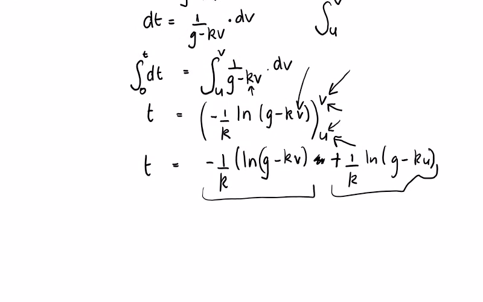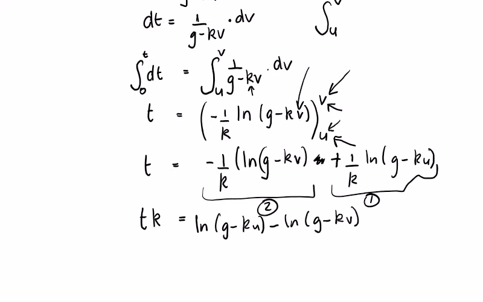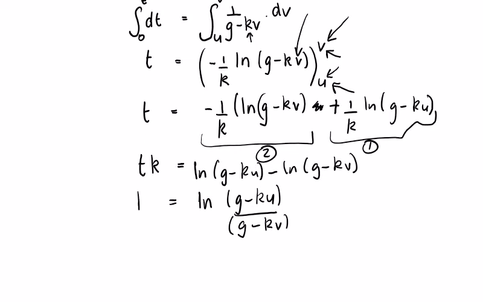So kt is equal to, and I'm going to put this one first and this one second, the natural log of g minus ku minus the natural log of g minus kv. And that's going to give me the natural log of g minus ku over g minus kv. Always the first one over the second one, and that's equal to kt.